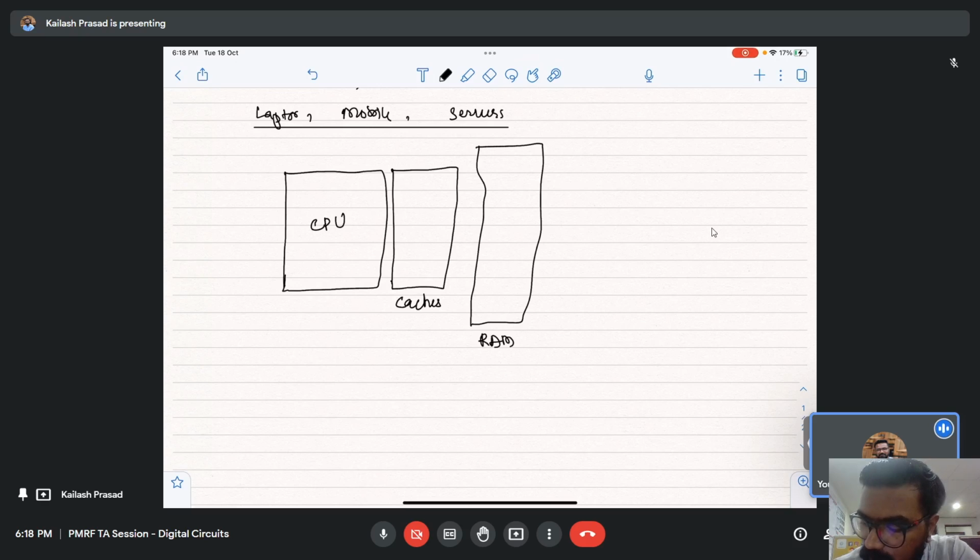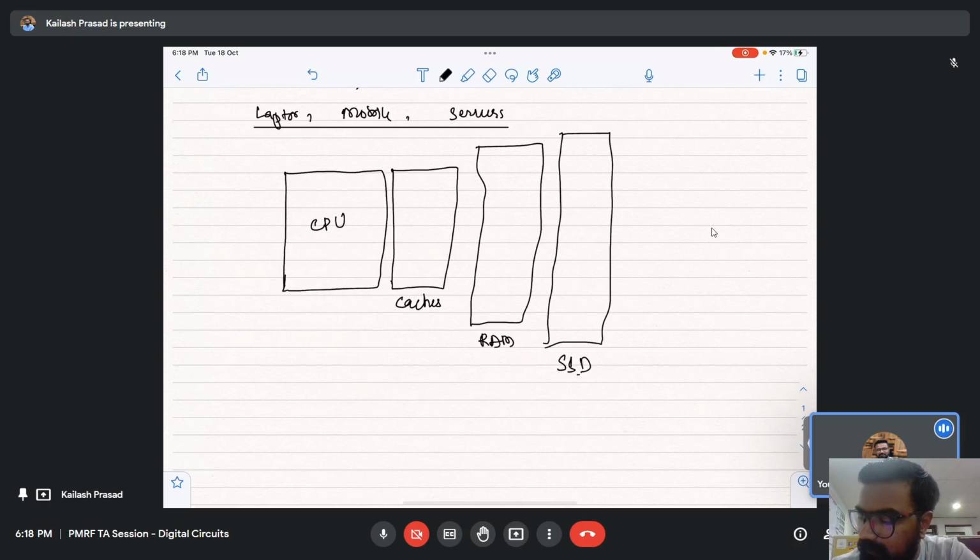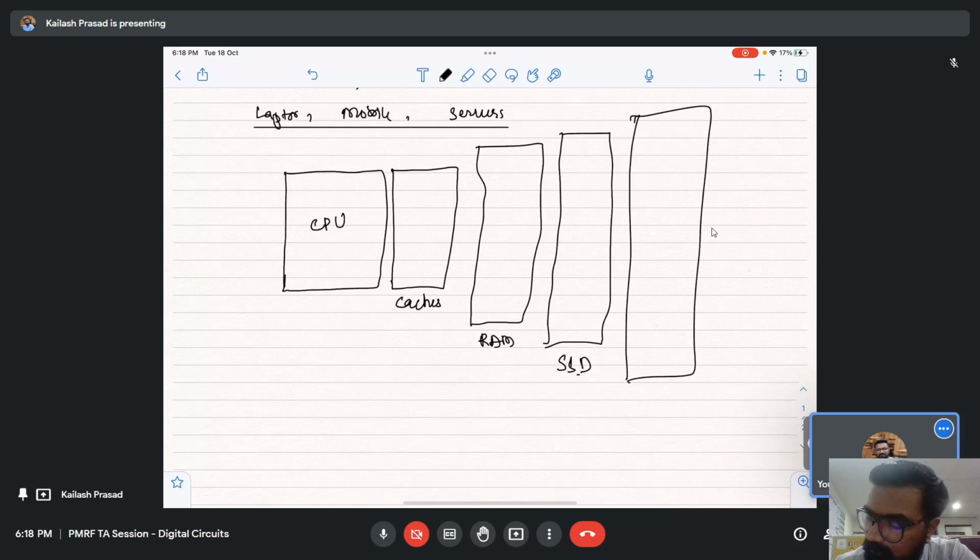And then, as we discussed in one of the lectures, you will have your hard drive or solid state drives, and then the magnetic hard drive, magnetic HD.